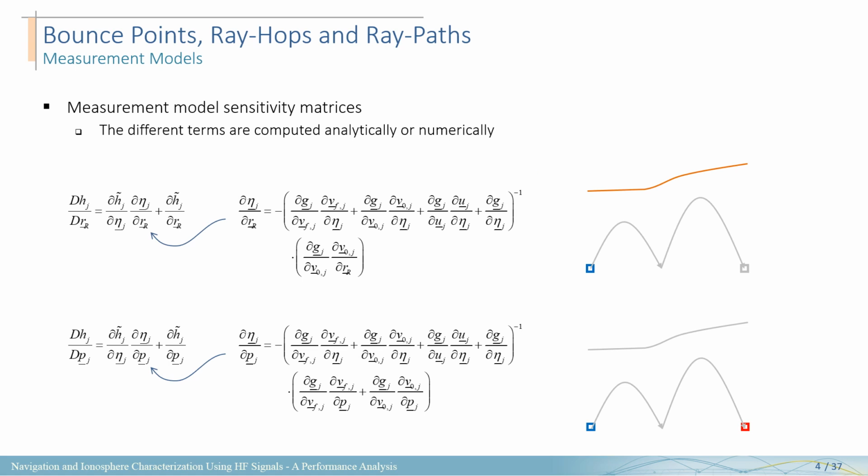Measurement models for group delay and range-equivalent carrier phase measurements have been developed. Both types of observables are sensitive to variations in the location of the receiver, as well as to variations in the ionospheric model. This constitutes the coupled localization and ionosphere characterization problem.